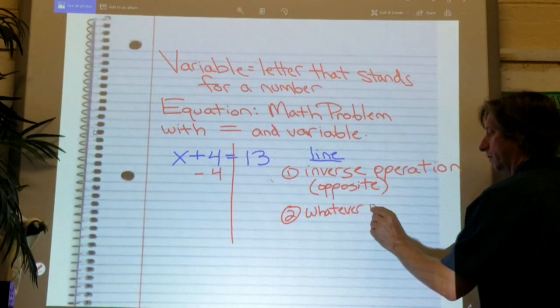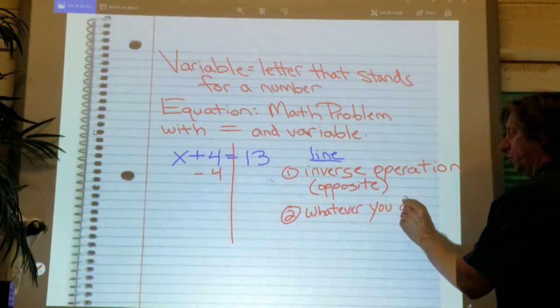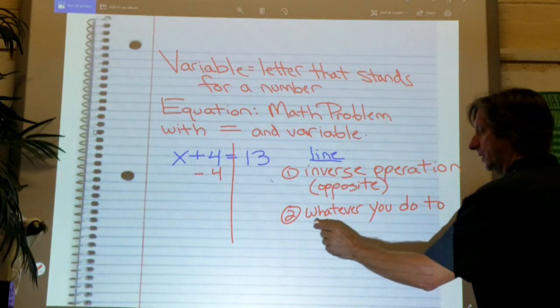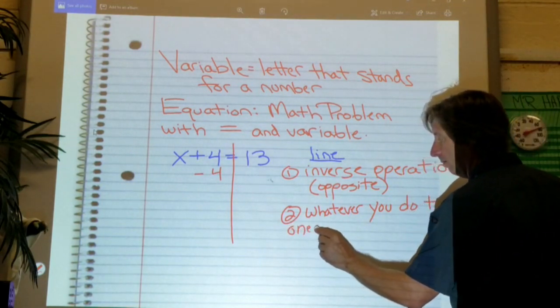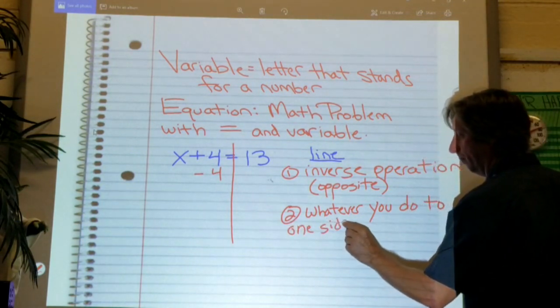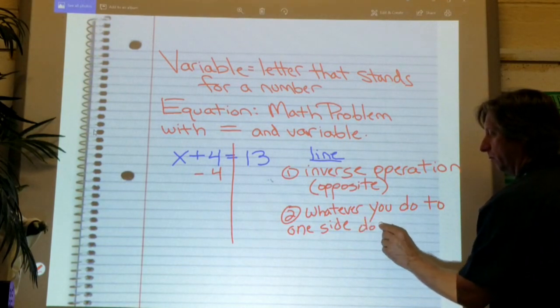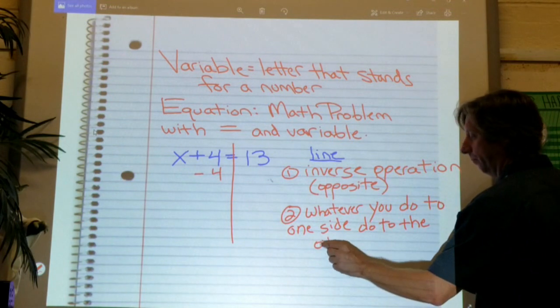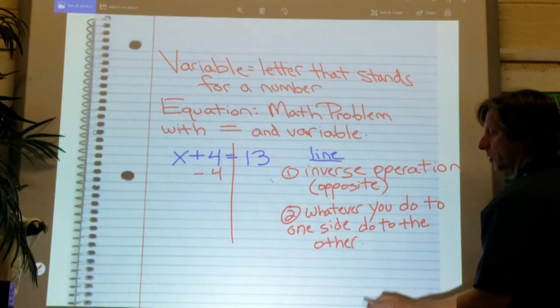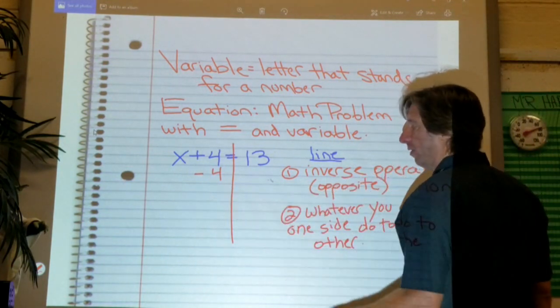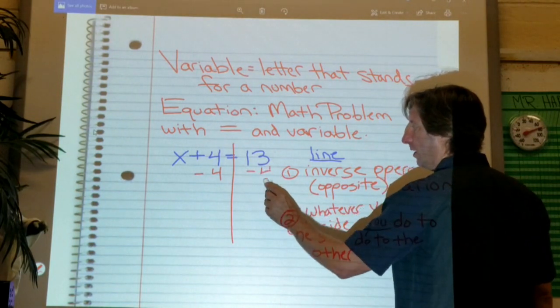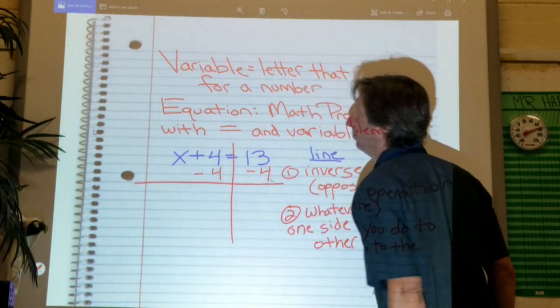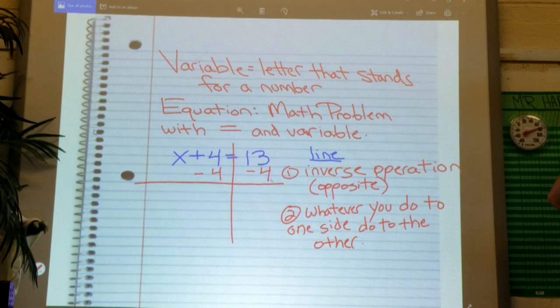Whatever you do to one side, do to the other. So what that means is I did minus 4 on this side, I'm going to write minus 4 over here. You may need to pause and write this down.